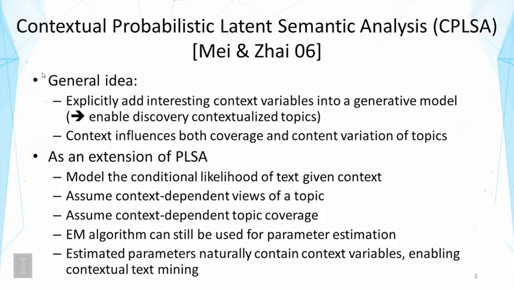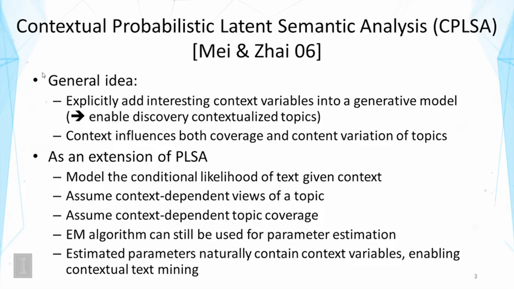As an extension of the PLSA model, CPLSA mainly does the following changes. Firstly, it would model the conditional likelihood of text given context. That clearly suggests that the generation of text would then depend on context, and that allows us to bring in context into the generative model.